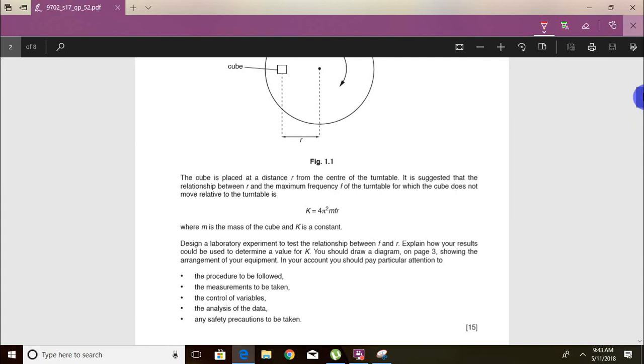For example, the distance between the surface of the cube and the center could be taken as a way to measure R.